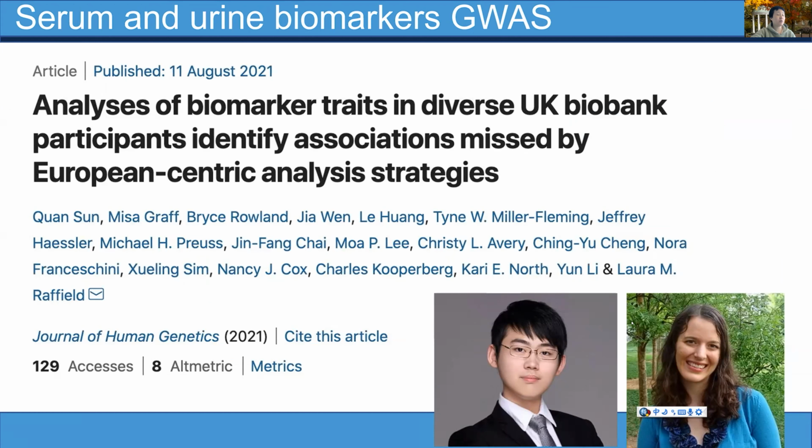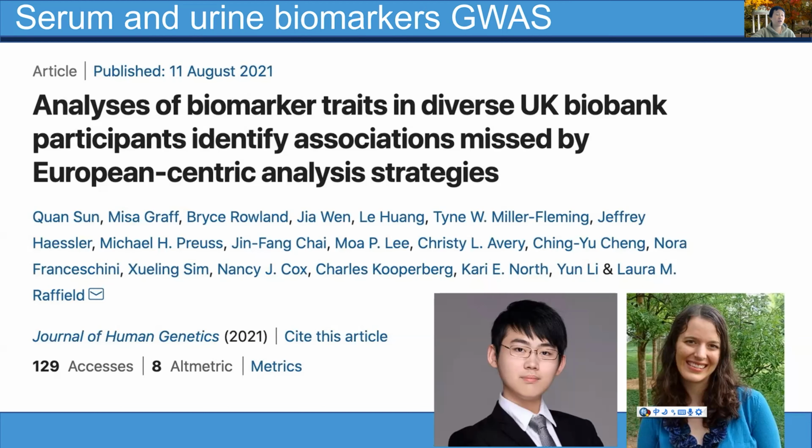So in this study, we performed GWAS for serum and urine biomarkers, about 31 of those biomarkers, in the UK Biobank non-European ancestry individuals. As people know, in UK Biobank, about 500,000 individuals, the vast majority are European ancestry individuals.